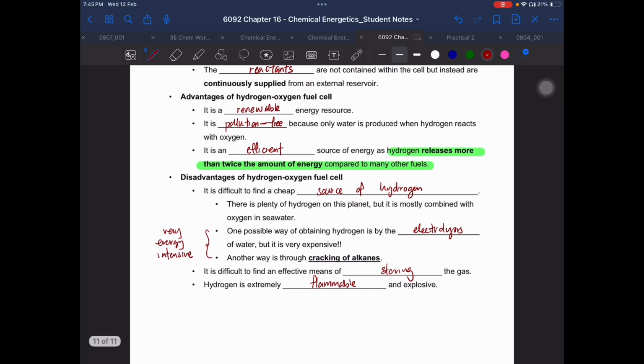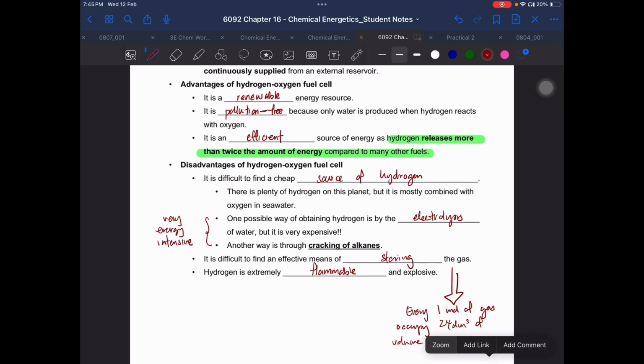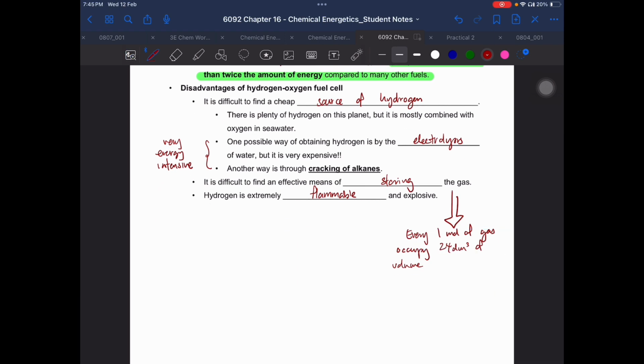Now, maybe just to elaborate a bit more before I end the video, why is it rather difficult to find an effective way to store the gas? The main reason is because if you recall in the mole concept, every 1 mole of gas will actually occupy 24 dm cube of volume at room temperature and pressure.